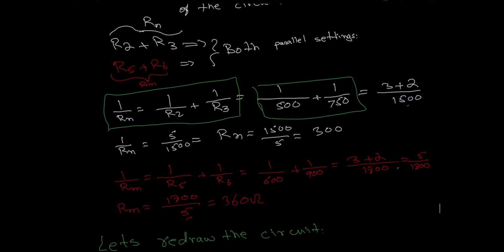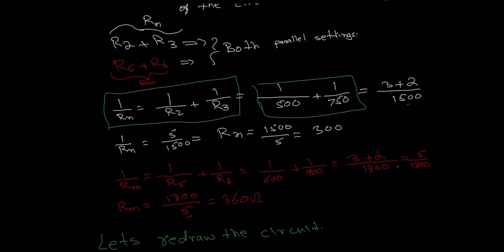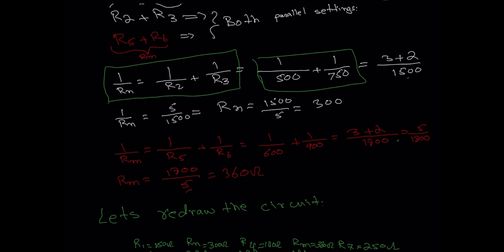If you guys do have an issue with the fractions, please go and check my other video on fractions and operation on fractions, the math tutorial videos will help you. So once we find the LCD and do the division and simplify it, we get 1 over Rn equal to 5 over 1500.